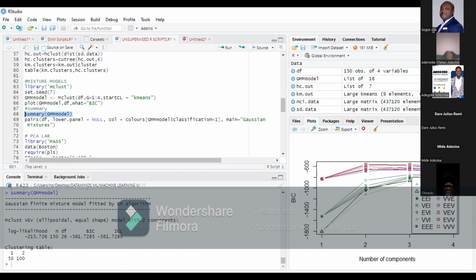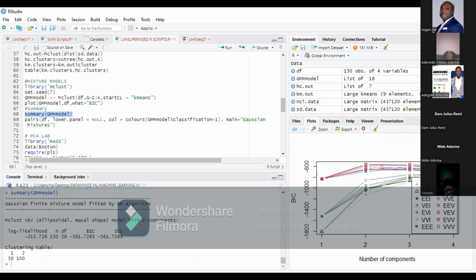You have our log likelihood, you have our n, degrees of freedom, you have our BIC. Okay, so we have our interval there. All right, that is what we have, and you can see that the BIC is minus 561 points, close to 600.